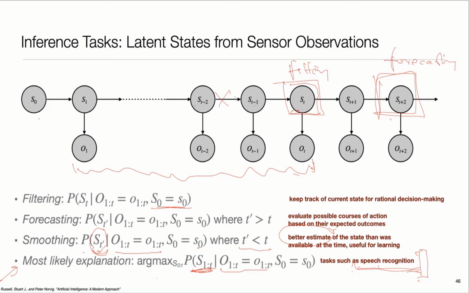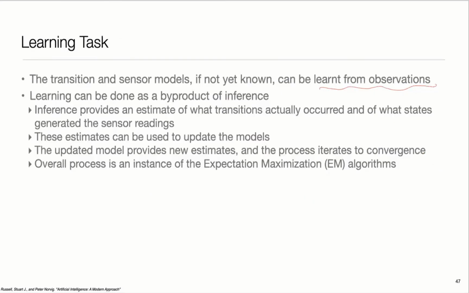It turns out there are also methods where, given just the observations, you can begin to learn that probability distribution. So there is a learning task as well that you can do.